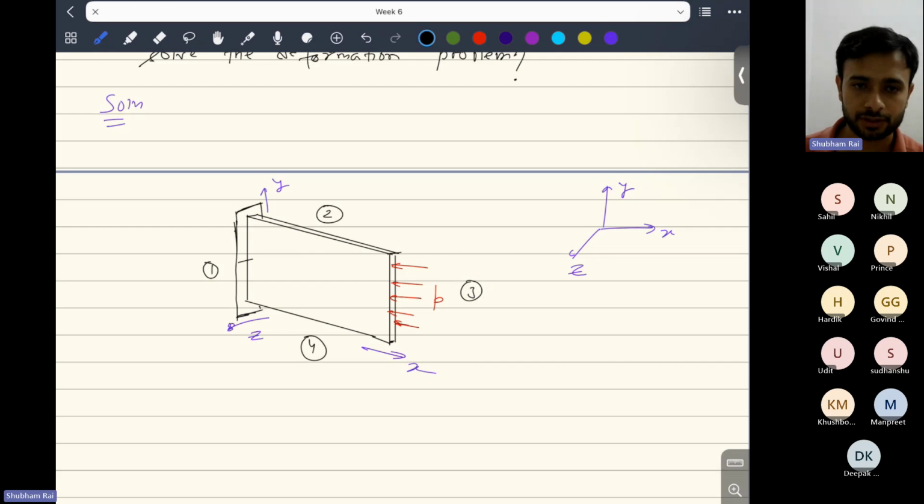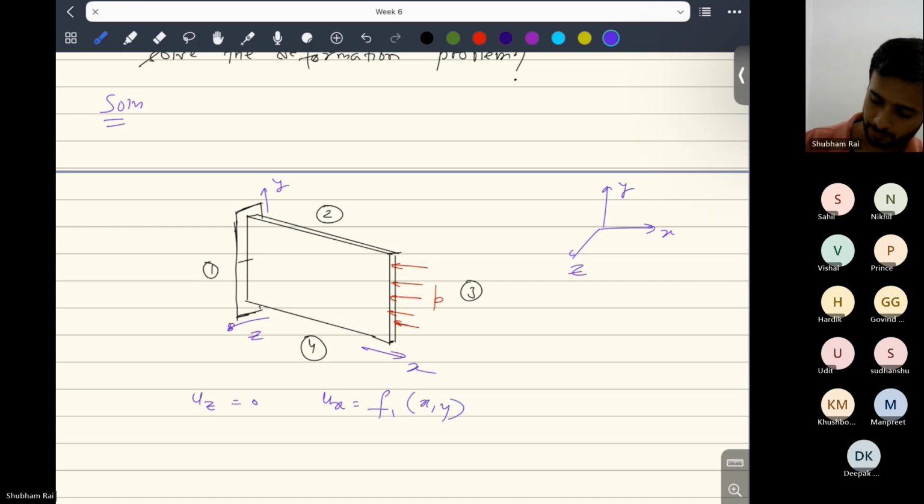Okay, so it's given to you in the question that deformations are not a function of Z, and there are no out of plane displacements allowed. So out of plane is not allowed. It means you have uz equal to 0. And also ux is a function of x and y only. And uy will also be a second function of x and y.